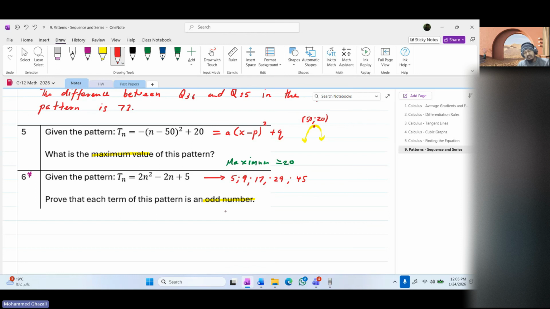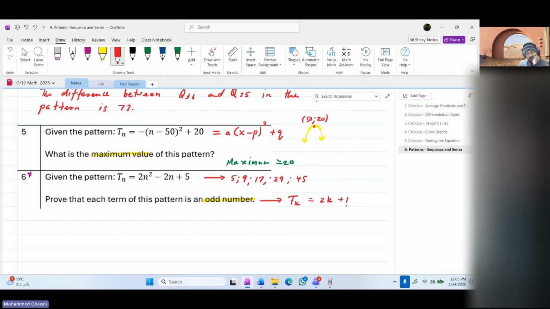Now, the question is, what is an odd number? What's the form of an odd number? Let's call it Tk. The counter should be k here, right? So Tk is equal to 2k plus 1, or 2k minus 1.